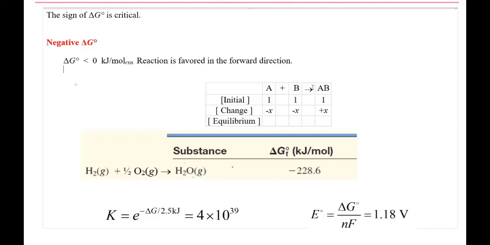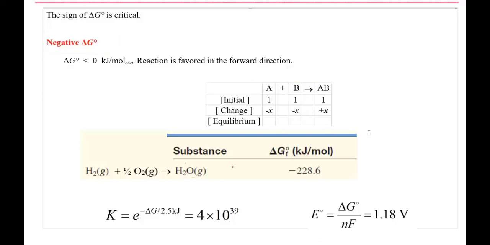Notice I said the arrow is now pointing to the right. It's not an equilibrium. If you calculate the delta G, and you'll learn about calculating it in the chapter, if you get a negative value, if everything starts off at 1, remember this is our tug of war, the reaction is going to happen. It's going to go forward, you're going to make AB. You're going to get a negative X, and a plus X to reach equilibrium.